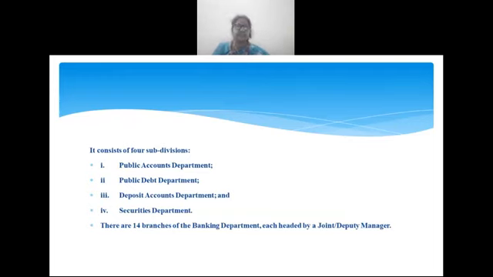Then there are four subdivisions: public account department, deposits account department, securities department. There are 14 branches of the banking department functioning. The banking functions are accepting deposits and lending money. This is their main area of banking.